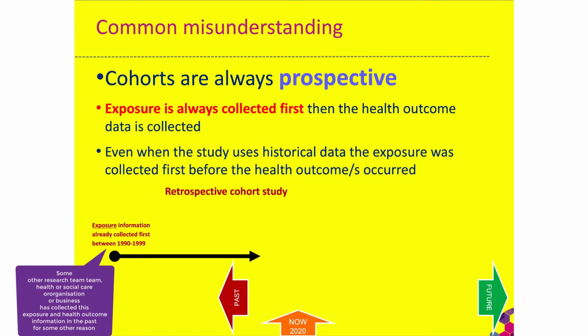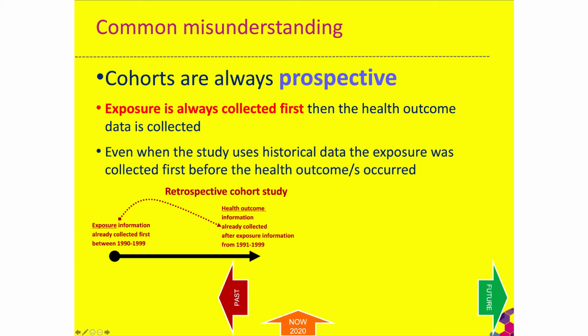And it has, for example, exposure information already collected first between 1990 and 1999, and then health outcome information already collected in the past, but it's been collected after the exposure information, generally a year or so later, from 1991 to 1999. So the information collected is still in the same direction. Exposure is collected first, and health outcome data is collected second.